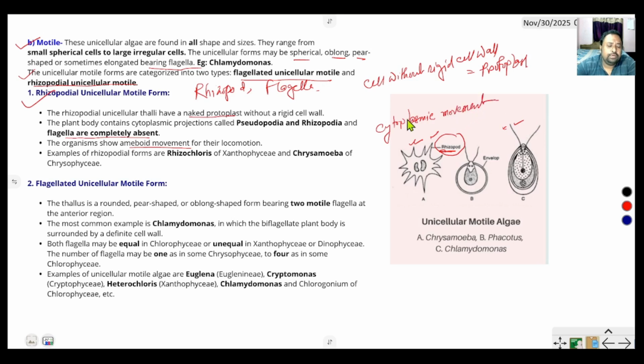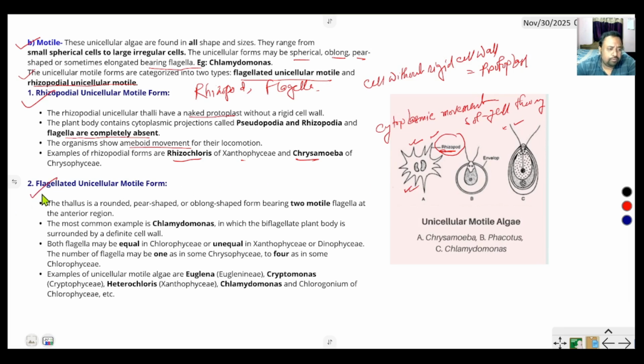Pseudopodia are formed due to cytoplasmic movement, like the sol-gel theory in amoeba. Examples: Rhizochloris in Xanthophyceae and Chrysoamoeba in Chrysophyceae. This is the structure of the rhizopodial unicellular motile form.